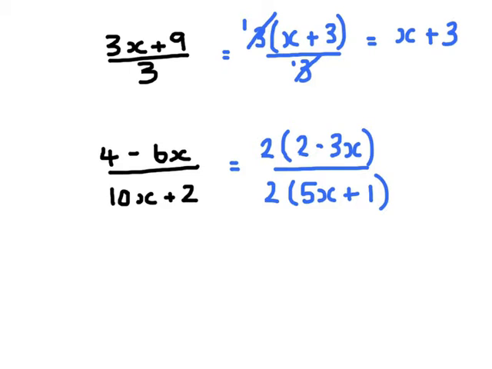The common factor here is clearly these 2s. There's no common factors in these bits. So the 2s are the bit that we're going to cancel out, so cross those 2 bits out. That will leave me with just 1. So I've got 1 lot of the bit on the top, 2 minus 3x, over the bit on the bottom, which is 5x plus 1.